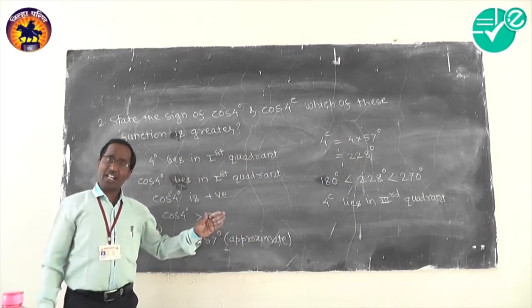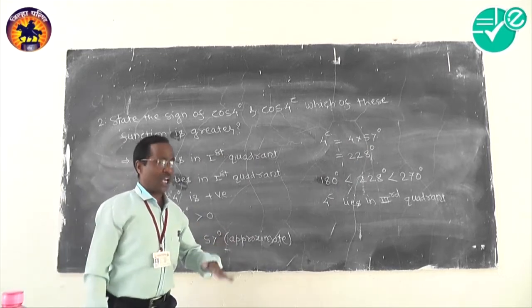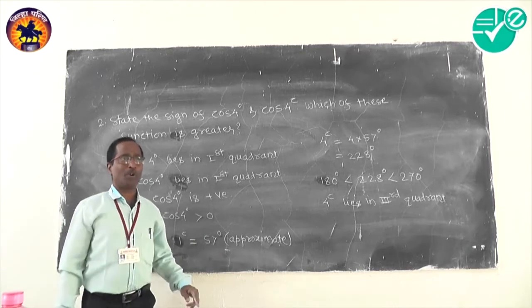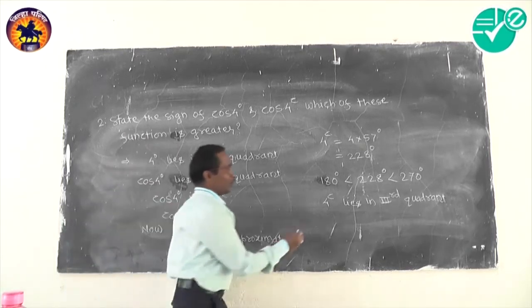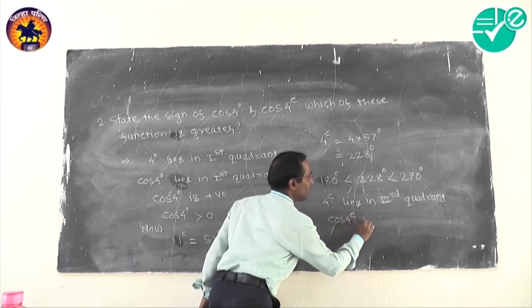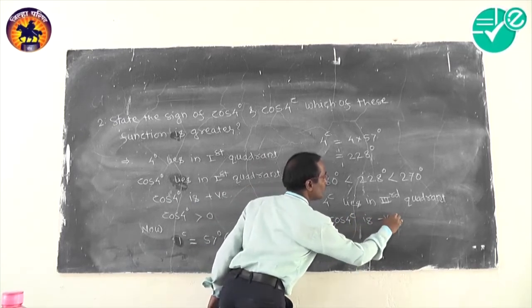It lies in third quadrant, and in third quadrant tan and cot are positive and the rest of the trigonometric functions are negative. Therefore cos 4 radian is negative.